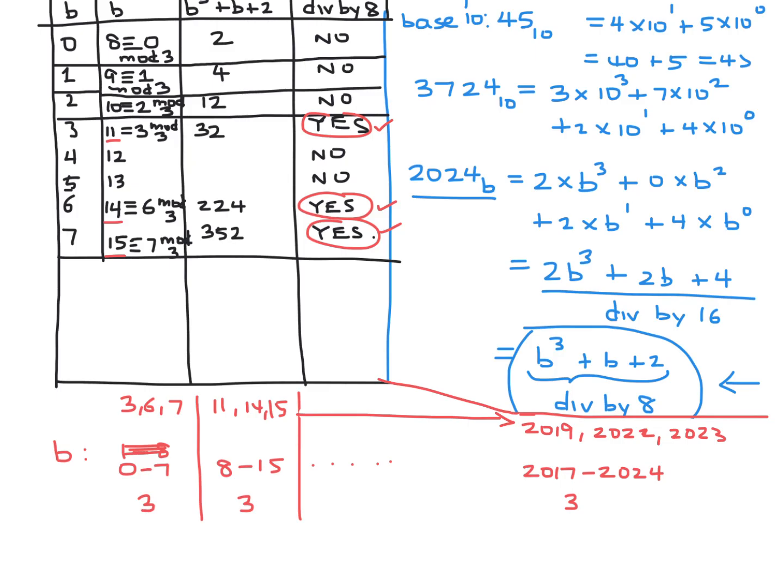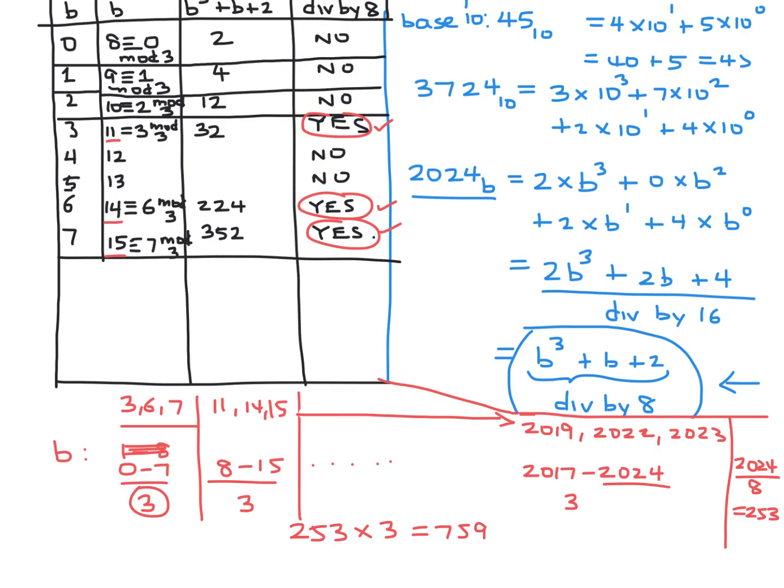So how many groups are there? 2024 divided by 8, because each of these are groups of 8. So the total is 2024. Let me just do it on the side here, 2024 divided by 8. That's how many groups we have. So that's 253. So we have 253 groups of 8, and for each group we have 3 that would satisfy our equation. So that's 759. That's how many values.